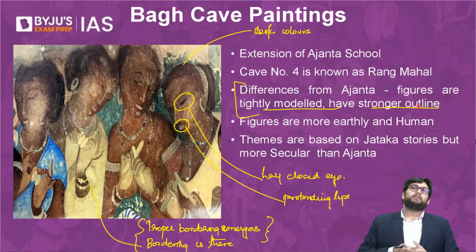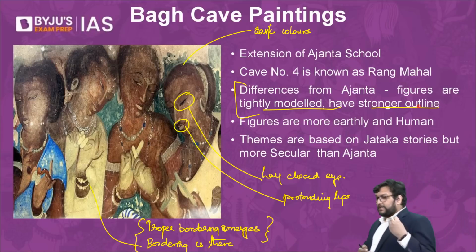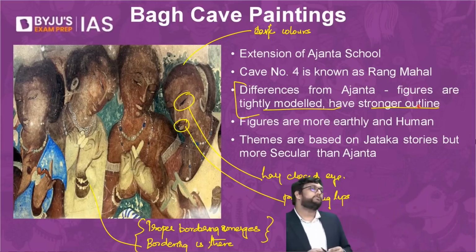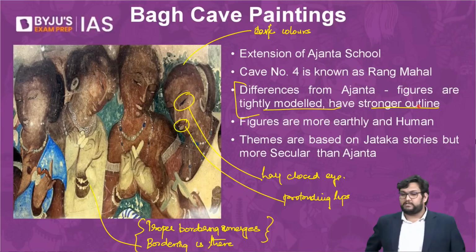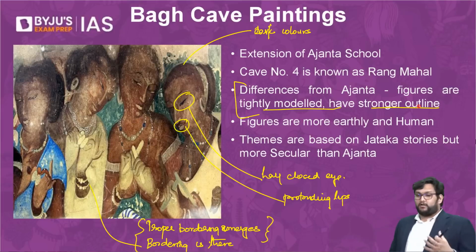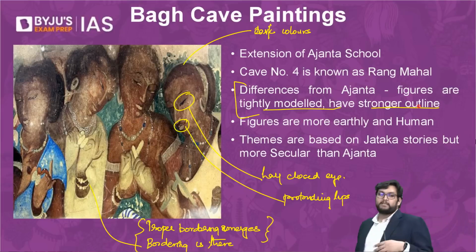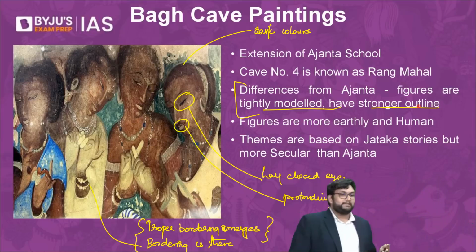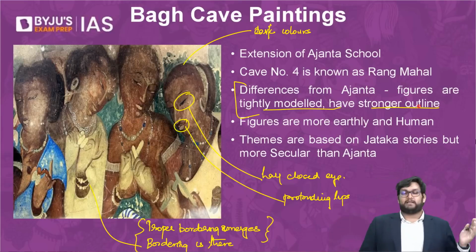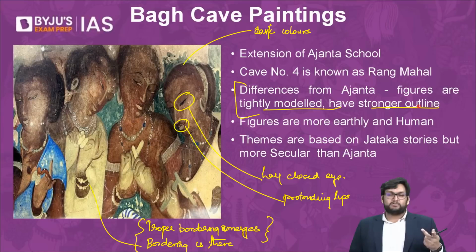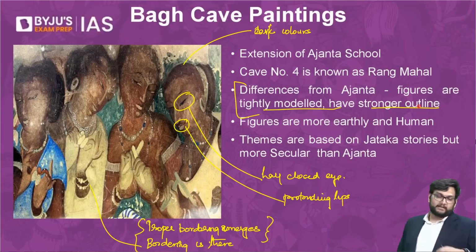And by bordering, you can also see that a little bit of depth will also come into the image, because if you look at it, now you can make out which woman is in the front and which one is in the back. In a sense, they are all standing in one line, but their shoulders tell us where they are. That is not possible if there is no bordering.